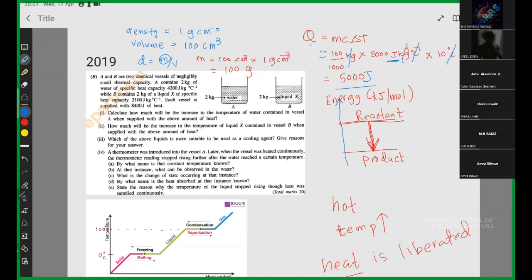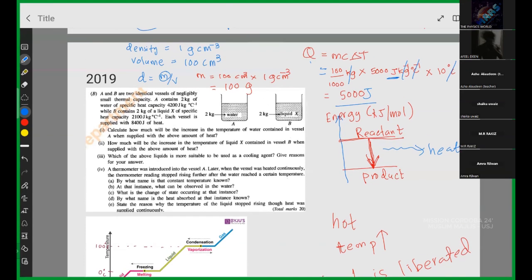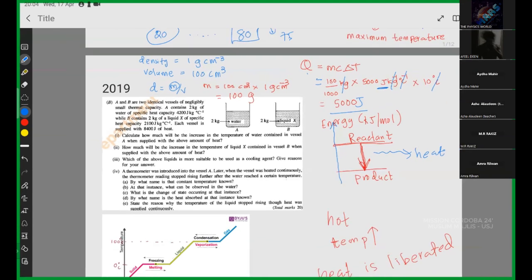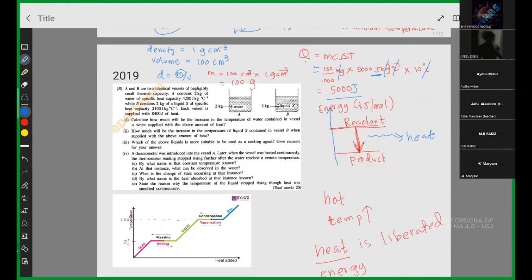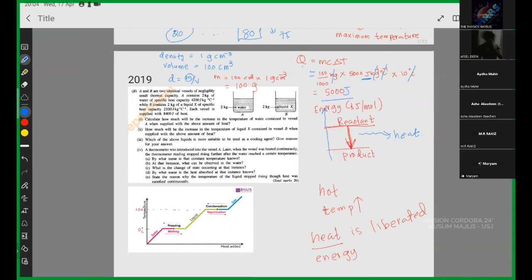You don't need to mention more than this. Heat is given off, coming to the product which has low energy. So this is how you need to draw the energy level diagram. Anyone having doubts in this? No, miss. Okay. Now I think I can move to 2019.